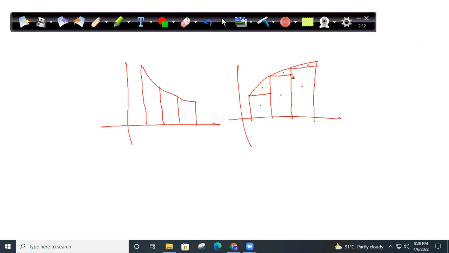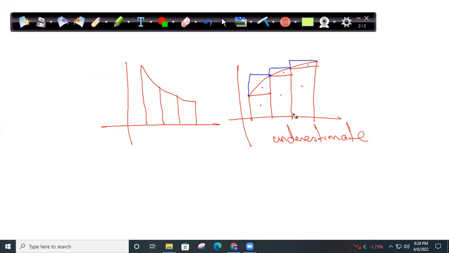So the conclusion we have made is, if the function is increasing and you are using left Riemann sum, you will always get an underestimate. For the same graph, if I am using right Riemann sum, I'll use this rectangle, this rectangle, to find the area.